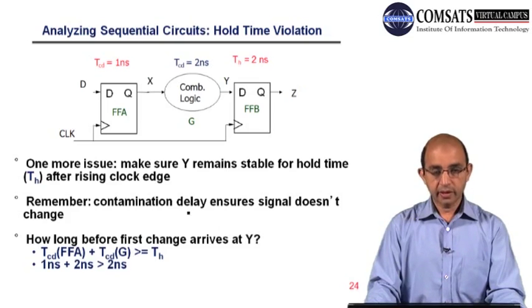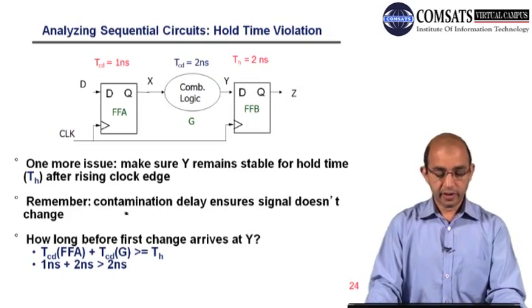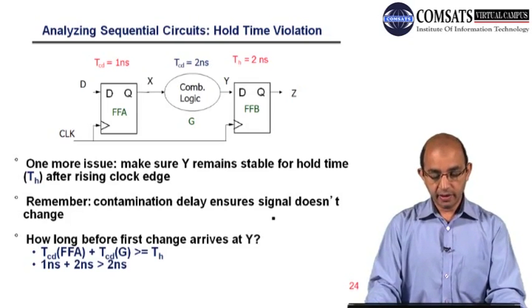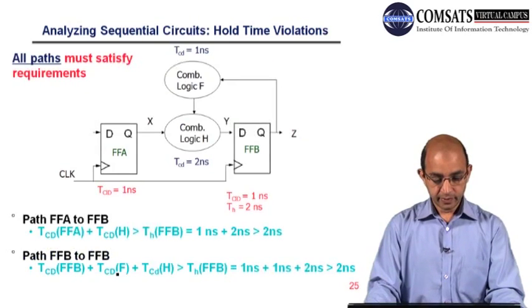On the other side, the contamination delay ensures that the signal doesn't change. So here we have TCD plus TCD: this is for flip-flop A, and this is for this combinational circuitry. So that is the hold time, which is equal to 2 nanoseconds.